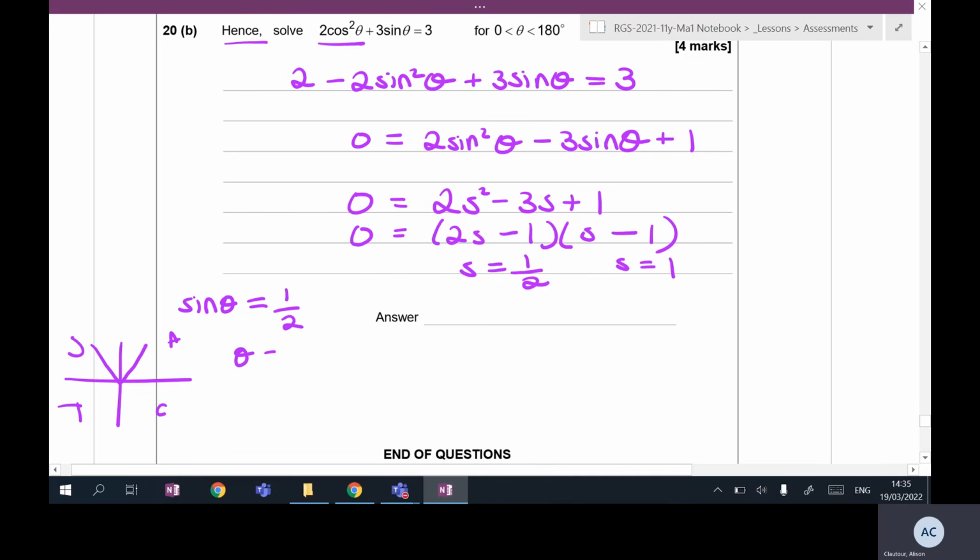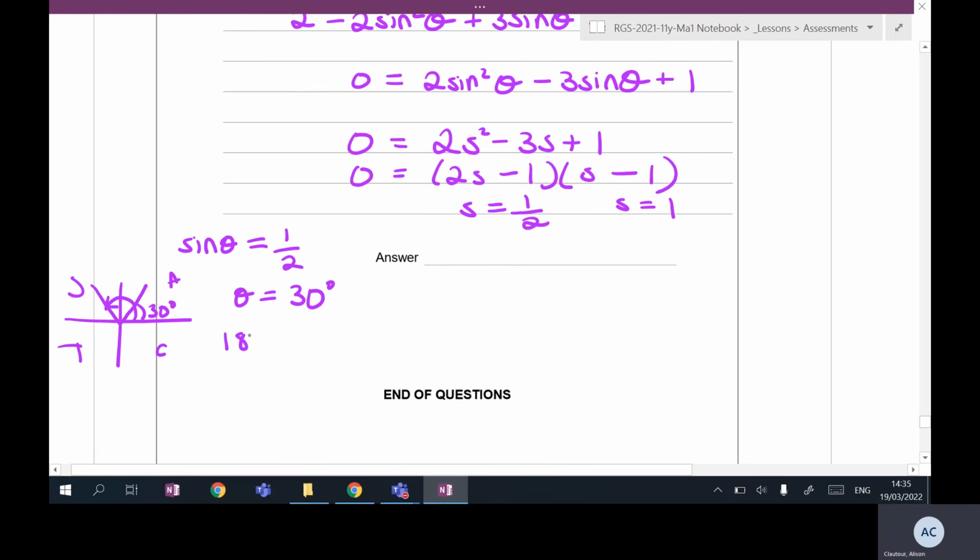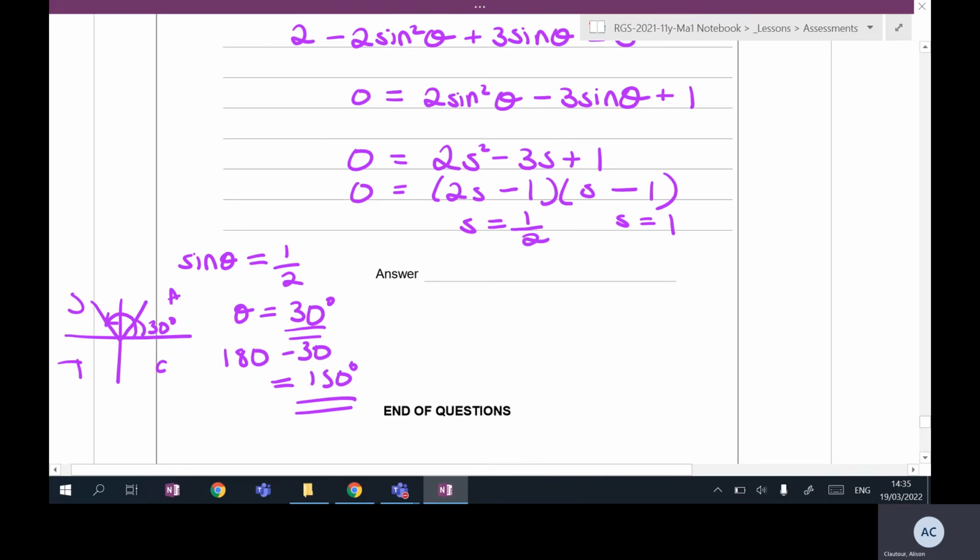Okay, so you should know the values by now. You've got the triangle above if you want to go and check. That gives you an angle of 30. Okay, to get the next one here, you're going to do 180 take away 30 to get 150. So there are your two answers. Sine theta equals a half. For this side, you've got sine theta equals 1.